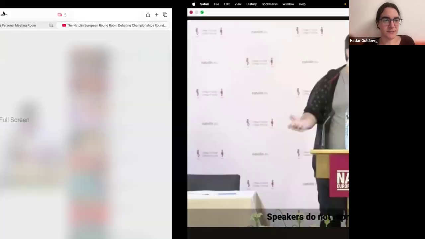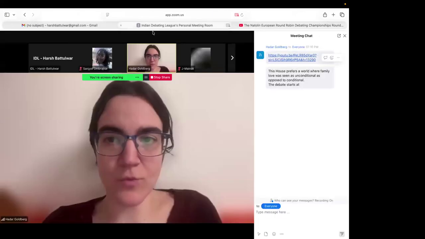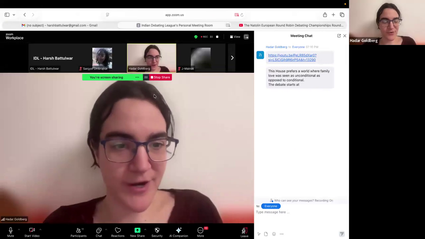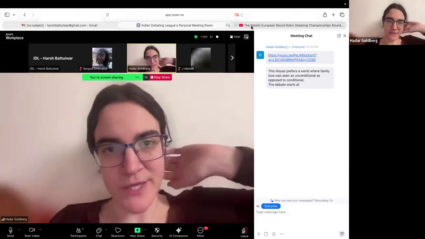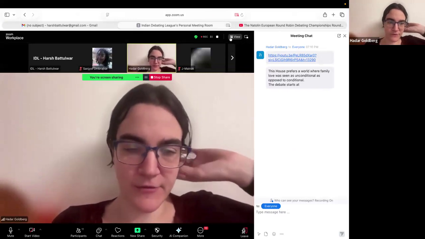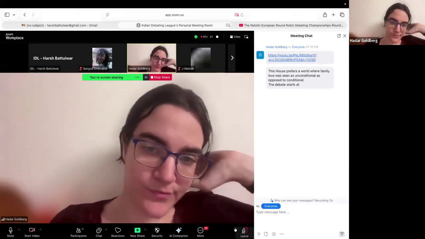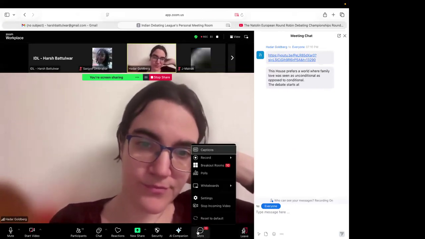The way to do this is, if you see the bar that you have of Zoom at the top and you press the three points on the right, there should be share computer sound. All right.